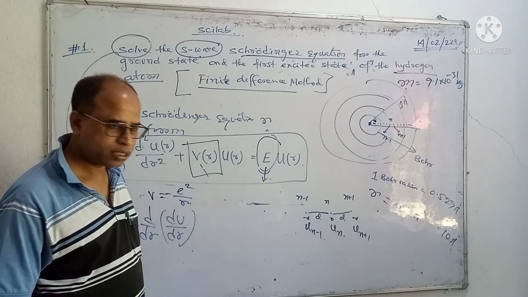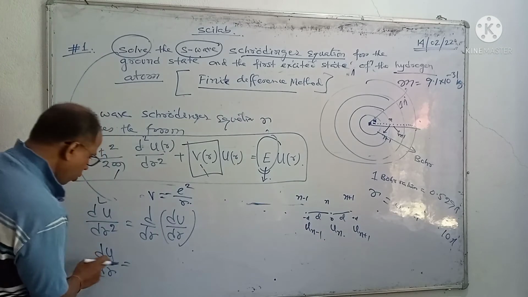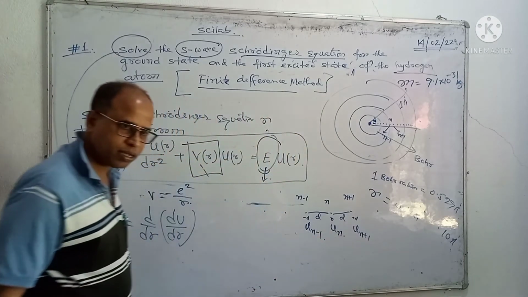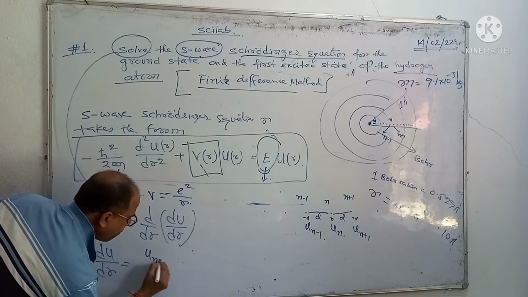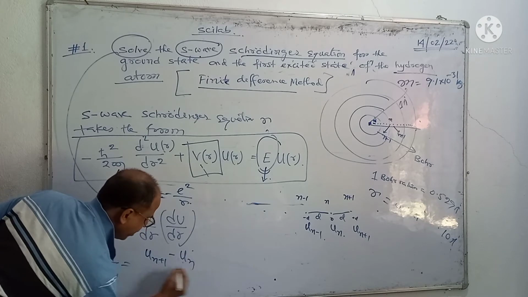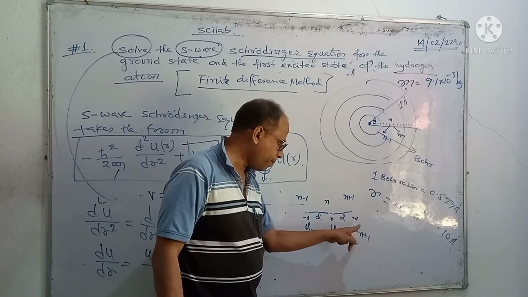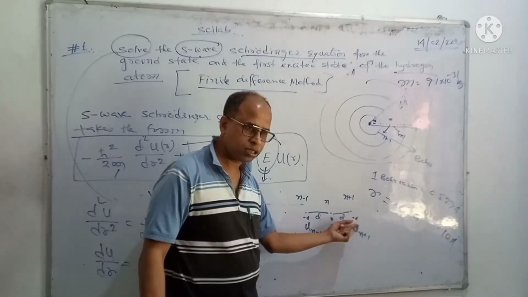Right? Therefore, you can write du, what is du? du is un plus 1 minus un, that is your du, un plus 1 minus un by dr. dr means this plus d minus 0 is d.